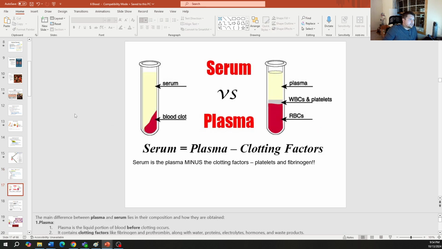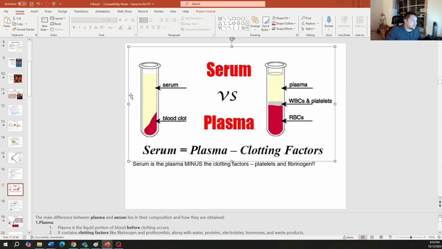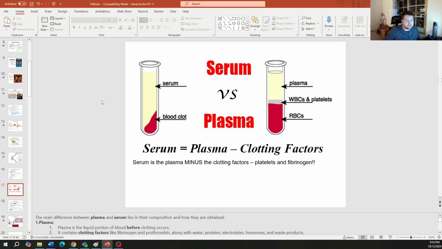Now, getting a little bit more technical, this is a question that is very often asked on tests. Teachers love this question because serum and plasma get confusing. Serum is basically plasma minus the clotting factors.